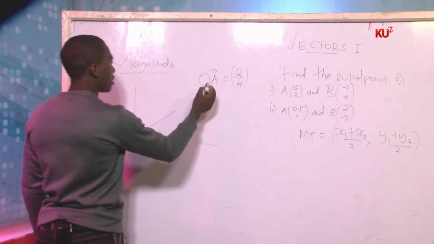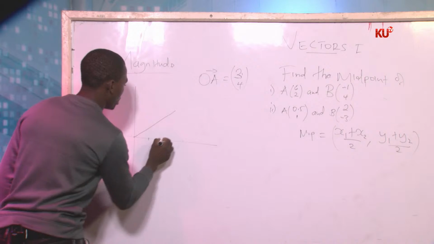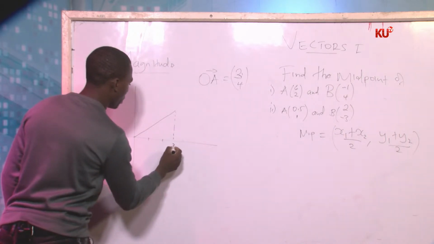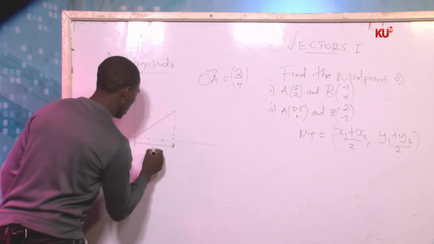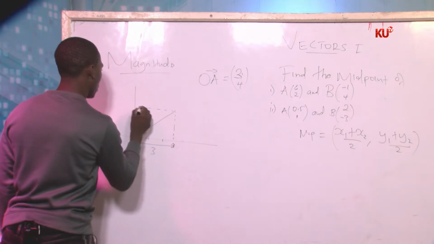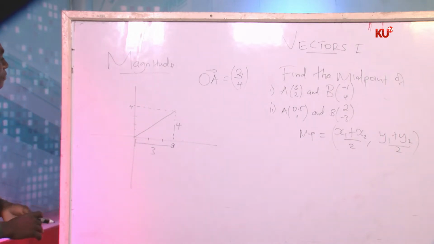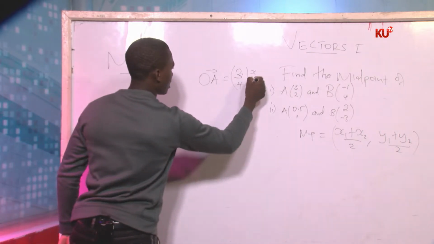So the range of our x is 3 units, 1, 2, 3. That's the value of x, meaning the change in x value is 3. And the change in y value is 4: 1, 2, 3, up to 4. Good. So this is the value of x, and this is the value of y.